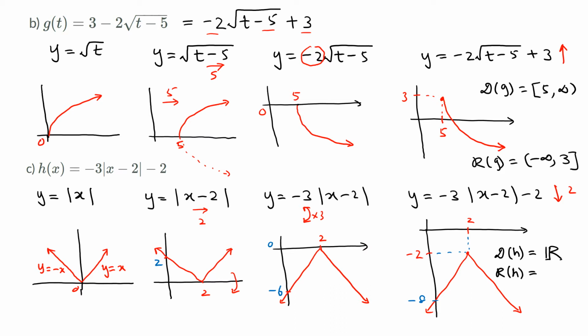You can see it goes all the way down to -infinity, but the highest value you can get is -2, and you have all the values in between. So that means -infinity to -2, and you can see -2 is included. So that's the range of that function. Okay, so let's look at the last one.